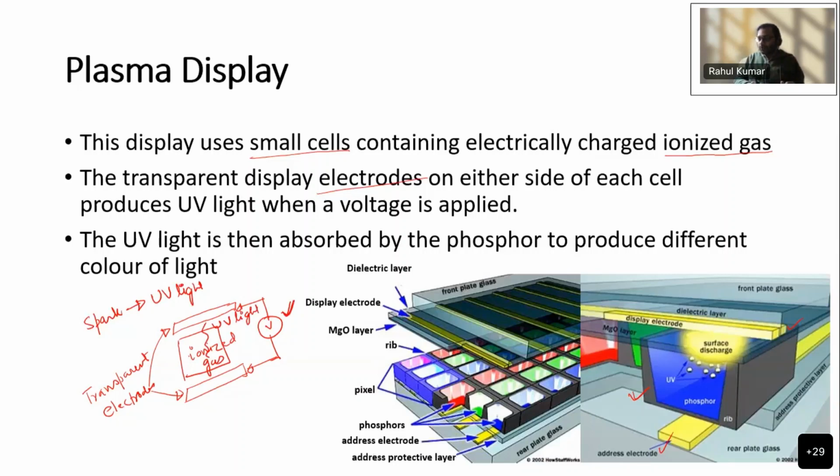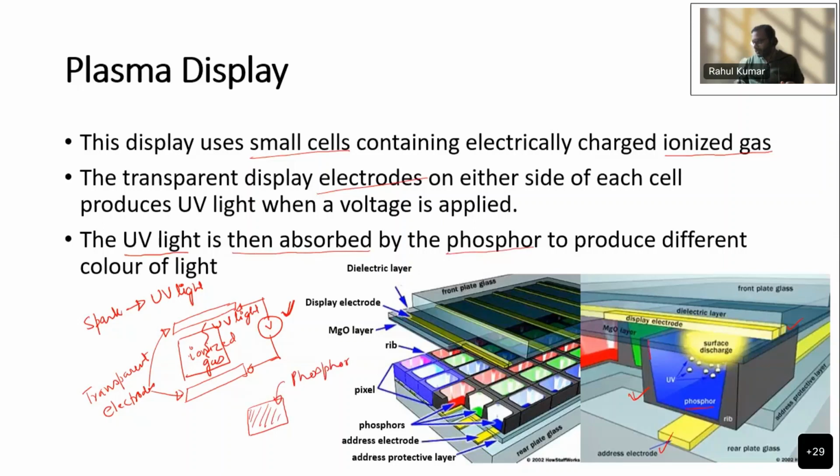And this UV light is then absorbed by the phosphor. So these cells are coated with some phosphor material. Okay, you can see it here also.